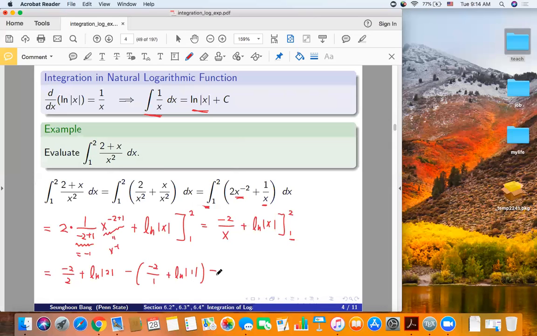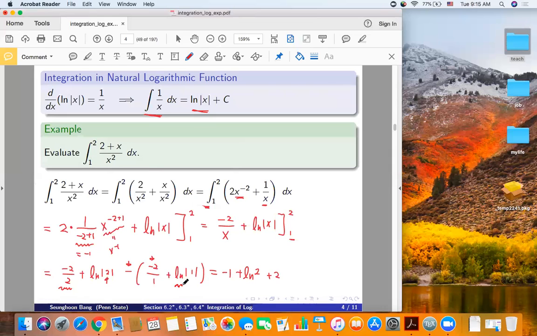Here, negative 2 over 2 is minus 1, and the 2 is a positive number, so you don't need the absolute value sign. Minus 1 times negative 2 is positive 2.